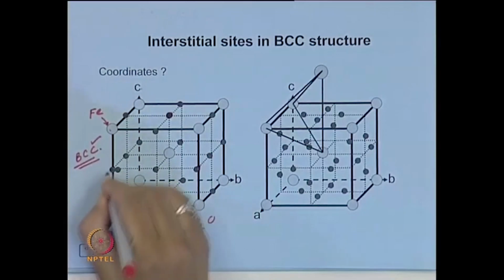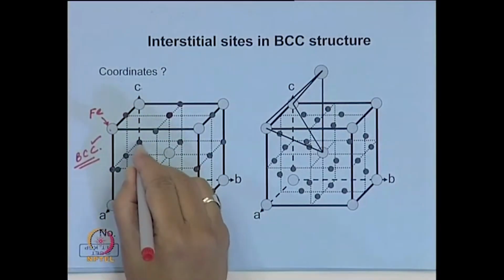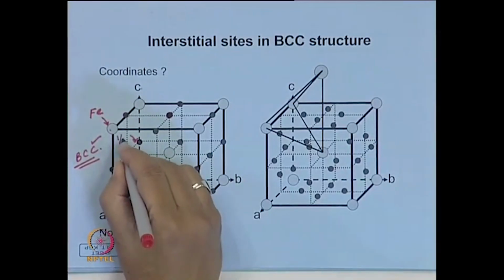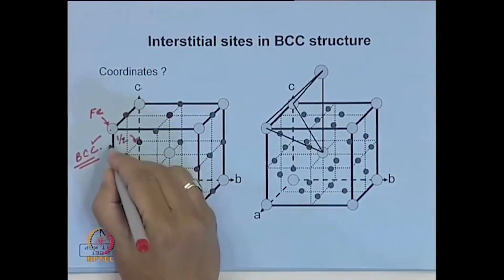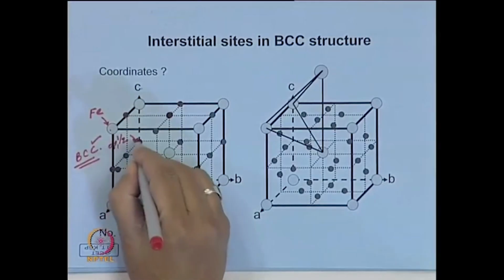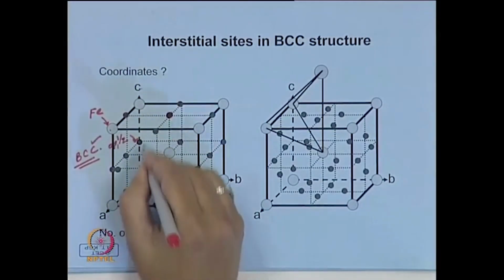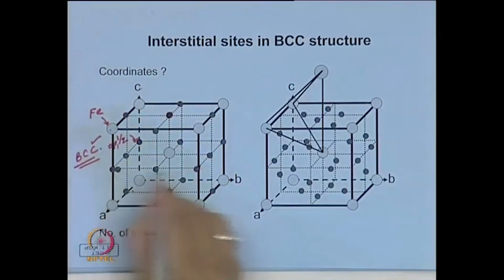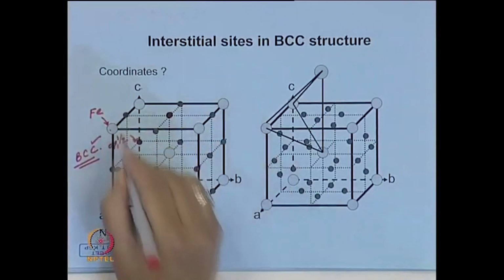In addition, we also have sites at these points, although in this particular case, if you look at this coordinate, it will say half, 0, 0, half. This is midway in the C axis. Similarly, you have one particular point on each of these edges.